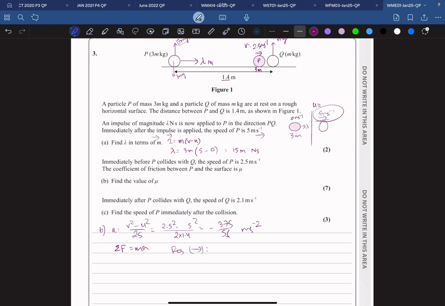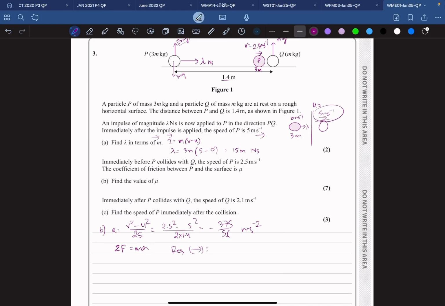So in the horizontal direction, we have the friction only, right? We're moving towards the right, and since this is a rough horizontal surface, we're going to have friction opposing the motion. So that's the only force acting on P.